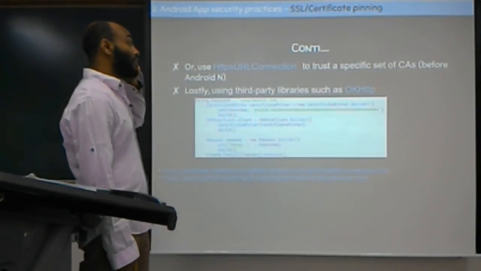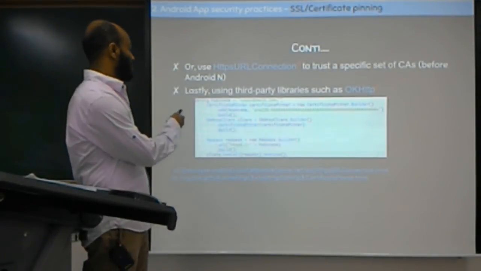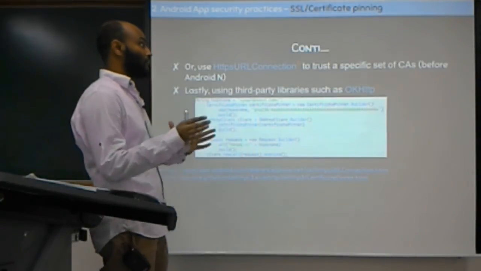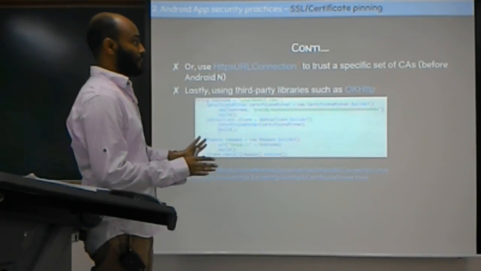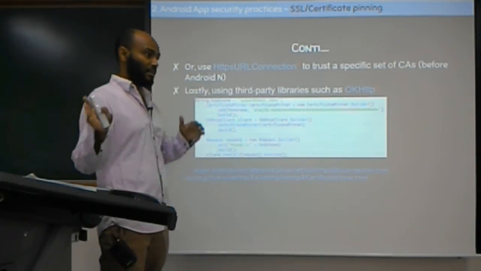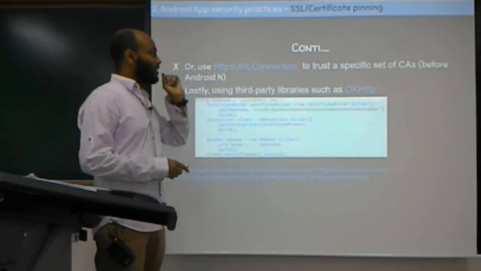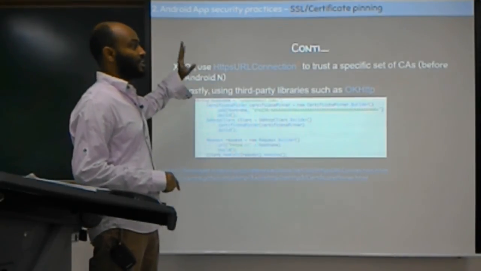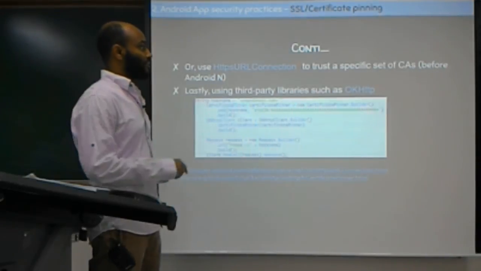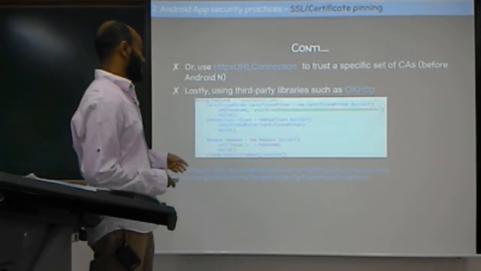And before Android N, we can use HttpsURLConnection to trust a specific set of certificate authorities. If the certificate is other than this trusted set of certificate authorities, we can kill our application.